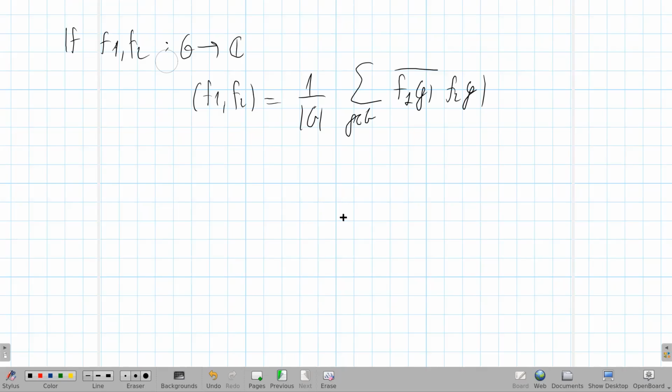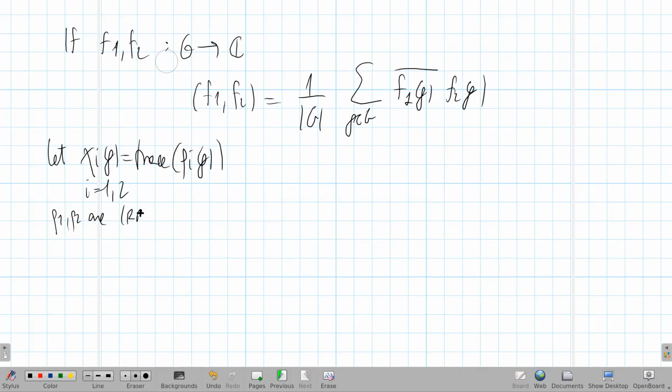And then there is this important thing. Let chi i of g be the trace of rho i of g, where i equals 1 or 2, and rho 1, rho 2 are irreducible representations.